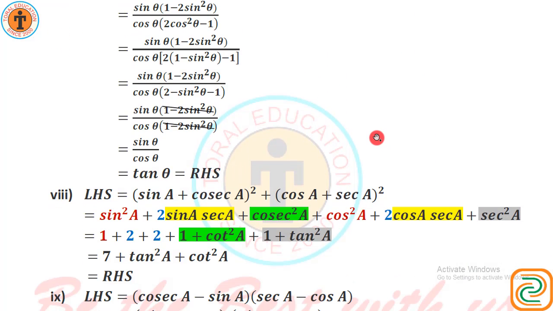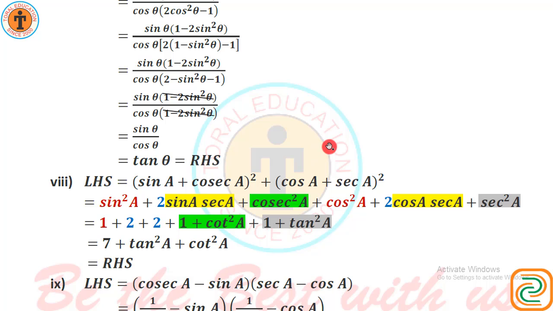Now something strange. I have made them colorful. Why? Look at here. (Sin A plus cosec A) whole square, (cos A plus sec A) whole square. We need to prove 7 plus tan square A plus cot square A. From this, we need to prove this one.